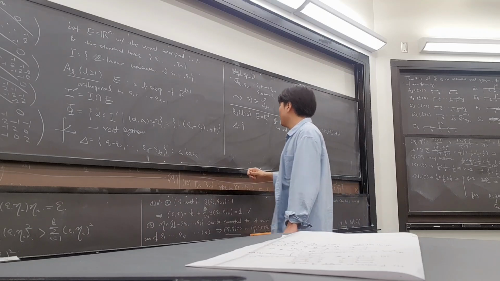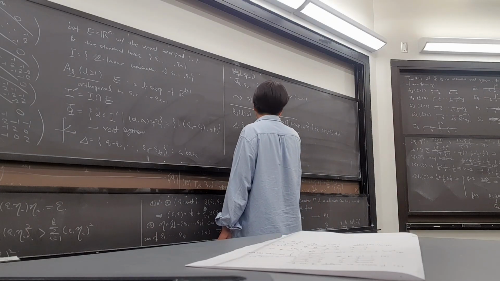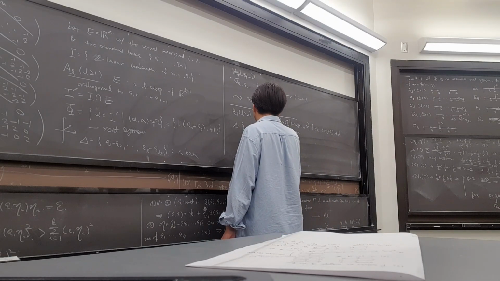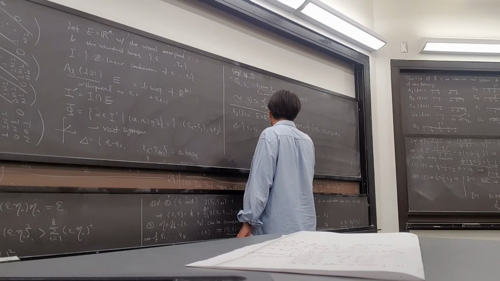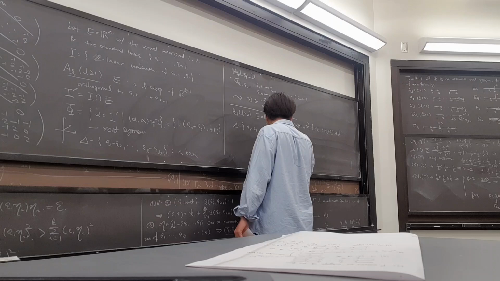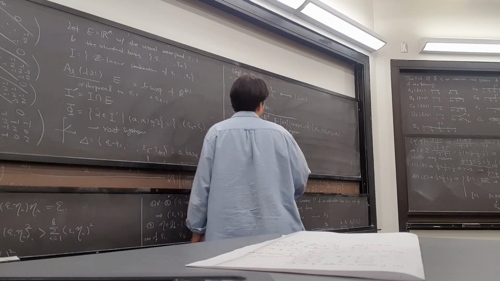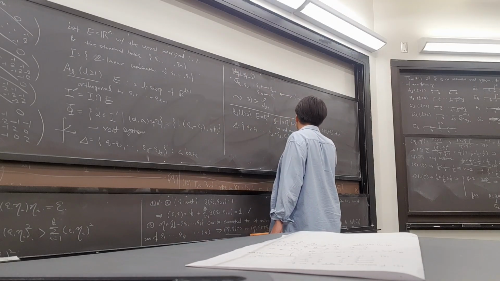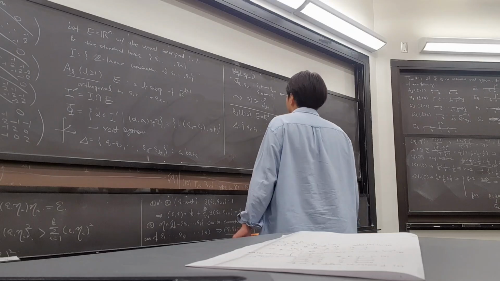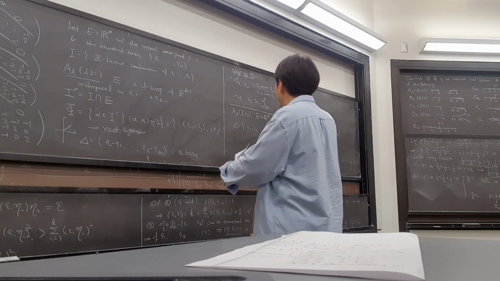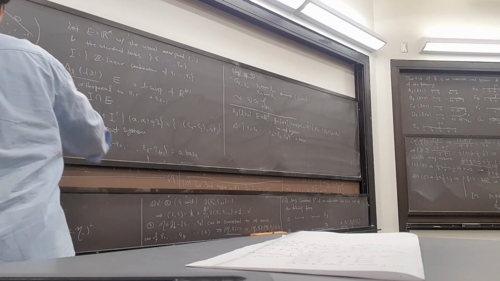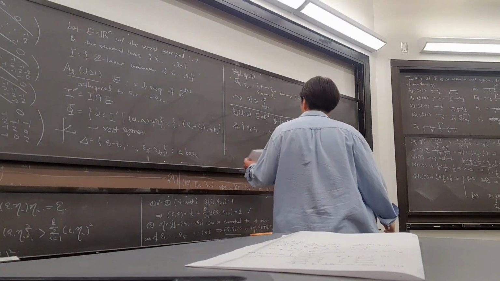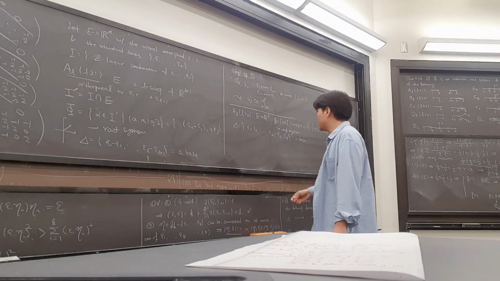This is a root system, and we can define a base like this: alpha_1 up to alpha_{l-1}, which is epsilon_{l-1} minus epsilon_l, and alpha_l, which is epsilon_l. We can check this is a base. Then if you make the Cartan matrix by using this Delta, you can check this matrix. So the B_l case exists.